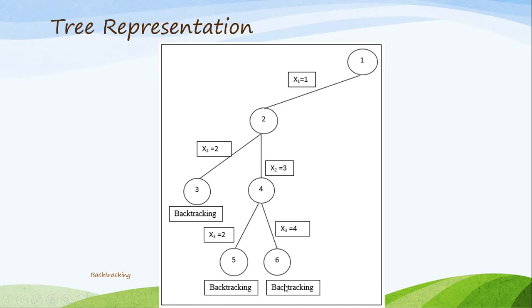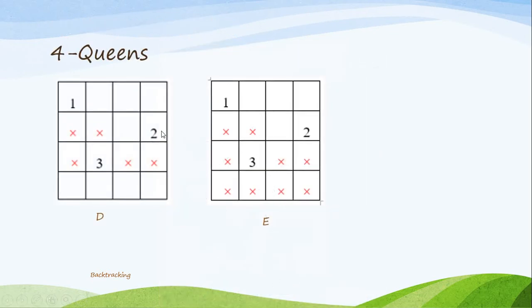So again backtrack here. While backtracking, we are moving this second queen into the fourth column. After that, there will be only one place for the third queen, that is the second column. But again, there is no place for the fourth queen.